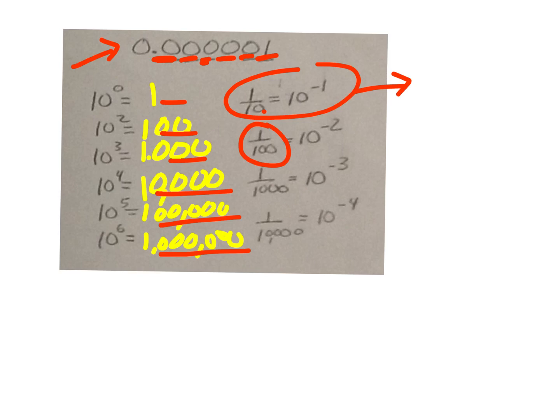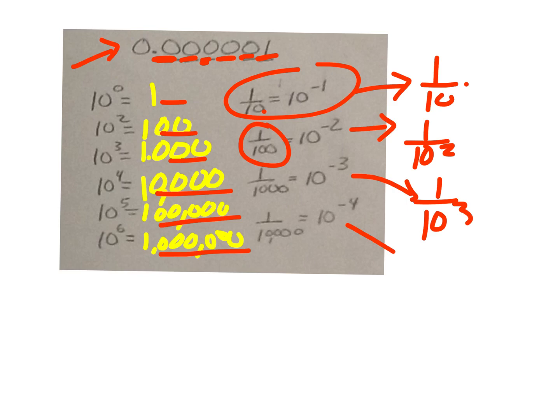This could also be 1 over 10 to the 1st power. This one happens to be 1 over 10 to the 2nd power. This one is 1 over 10 to the 3rd power, and this happens to be 1 over 10 to the 4th power. What I want you to notice from the last page and this page is negative exponents happen to be fractions or decimals. So again, negative exponents happen to be fractions or decimals.